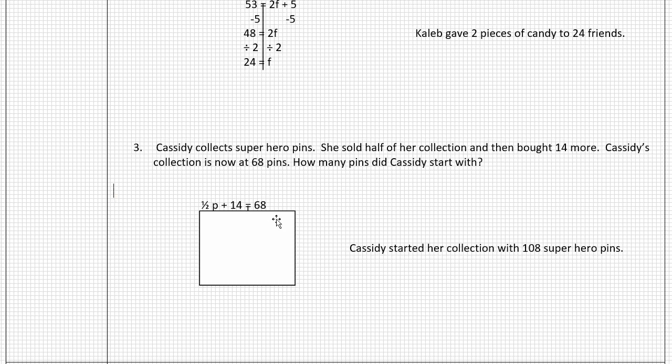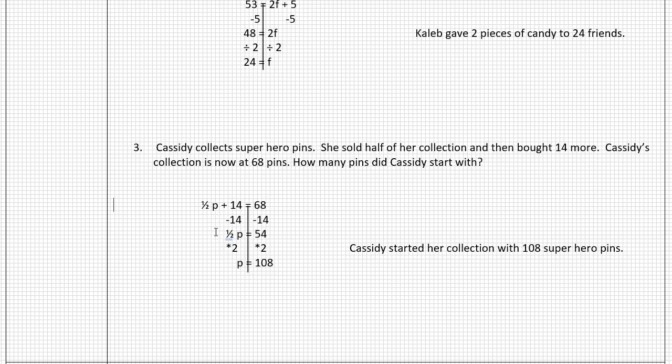So this problem's a little bit tricky, as I mentioned. It starts off that we would subtract 14 from both sides, and that leaves us with 1/2 p is equal to 54. P is being multiplied by 1/2. What's another way to multiply by half? Dividing something in 2.